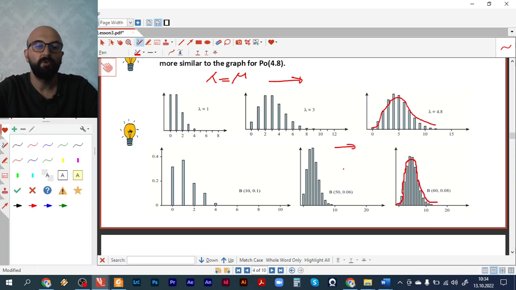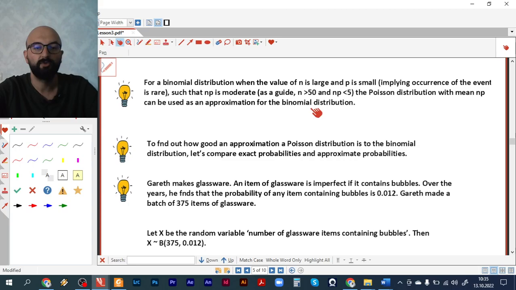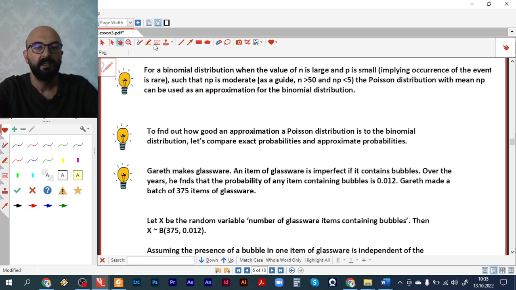So you remember from the last lesson that when the number of trials is greater than 50 and n times pi is less than 5, the Poisson distribution can be used as an approximation for the binomial distribution.